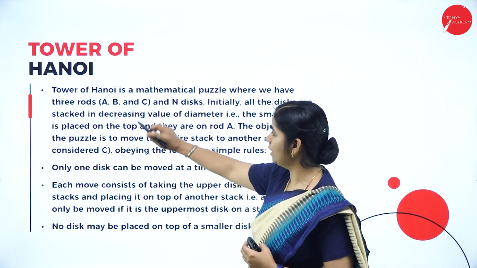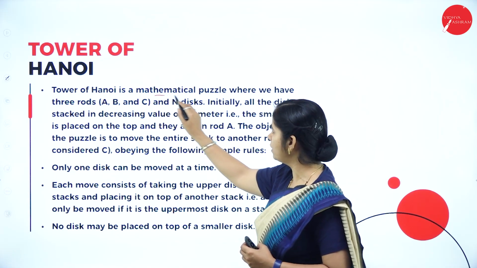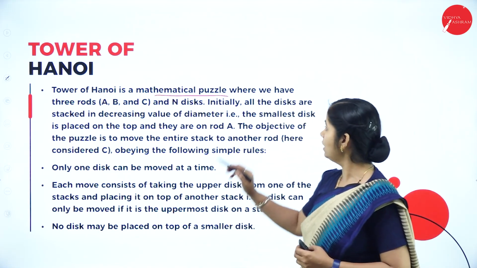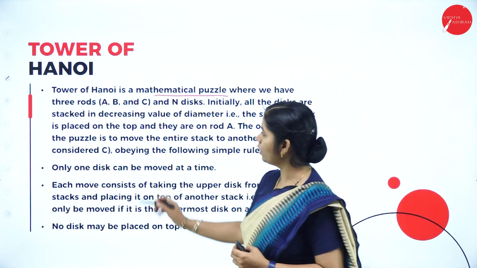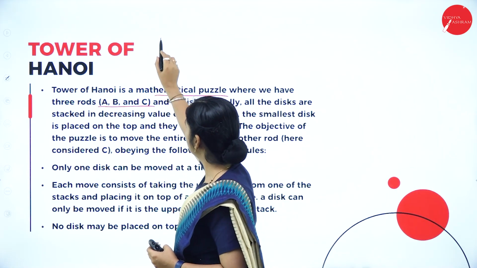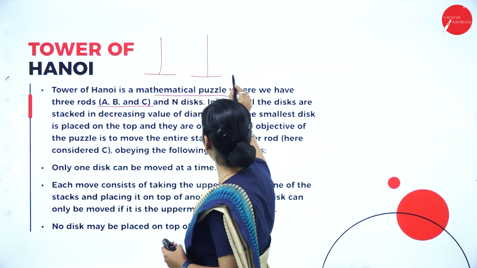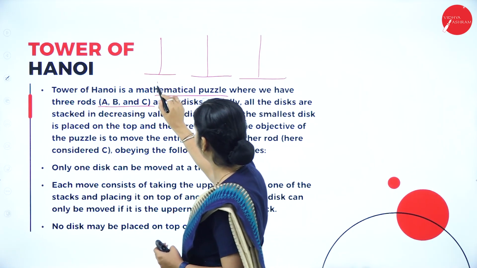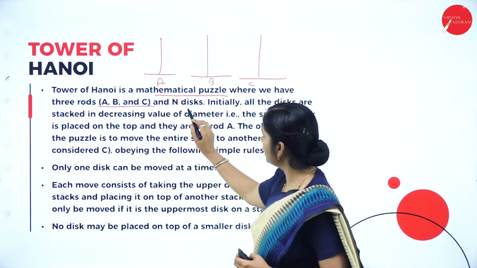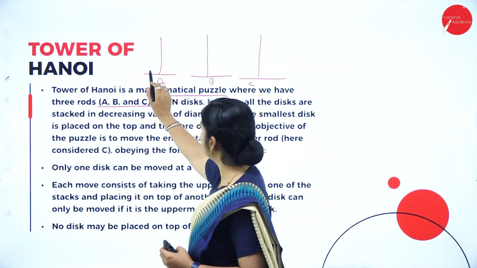What is Tower of Hanoi? Tower of Hanoi is a mathematical puzzle where we have 3 rods, say 3 towers: Tower A, Tower B and Tower C. Out of these towers, consider there are n number of disks.